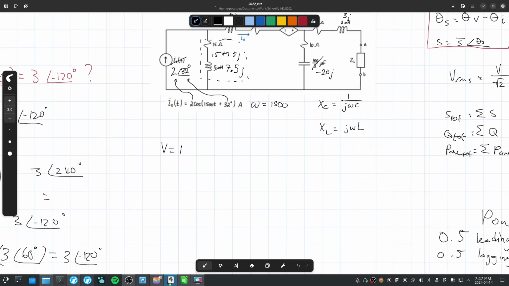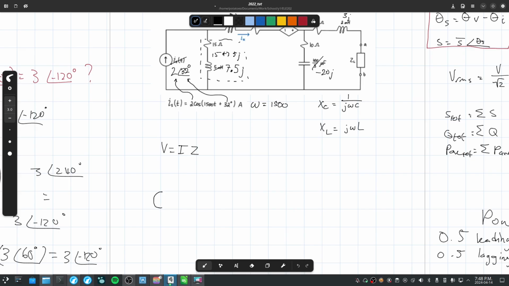Remember that V is equal to IZ. So that's going to be the current, which is 2 with an angle of 32 times 15 plus 7.5J. Let's put that into polar form.